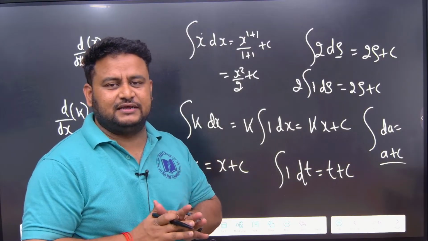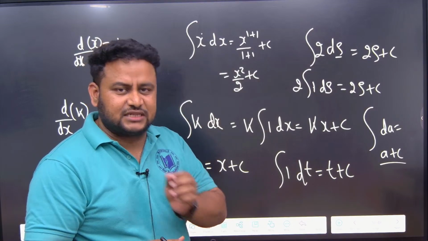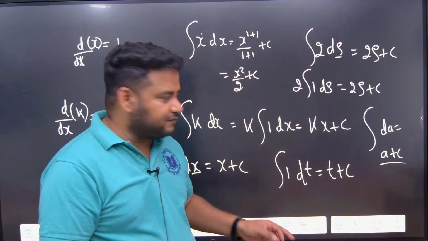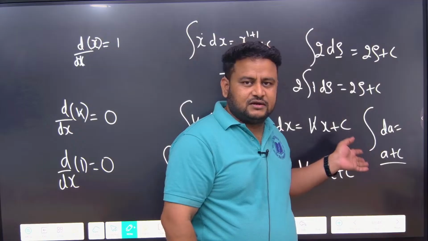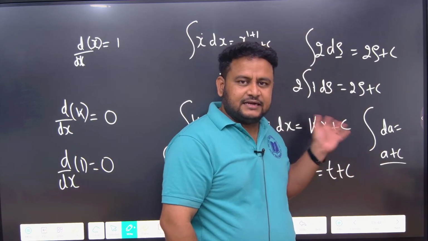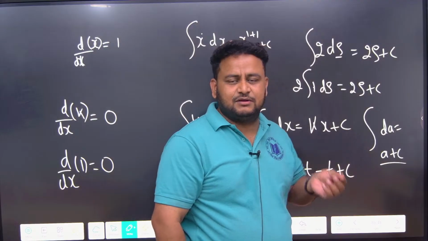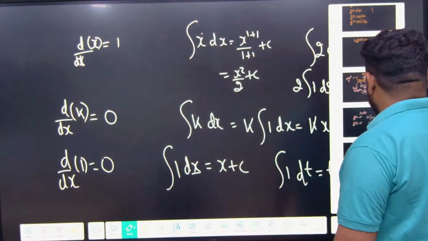For the integral of 1 dx or 1 ds, the constant of integration should be written as plus c, and along with that you write the antiderivative with respect to the variable. ds means it will become s, dt means it will become t, dx means x, dz means z, like that. I hope this is clear now with this formula.